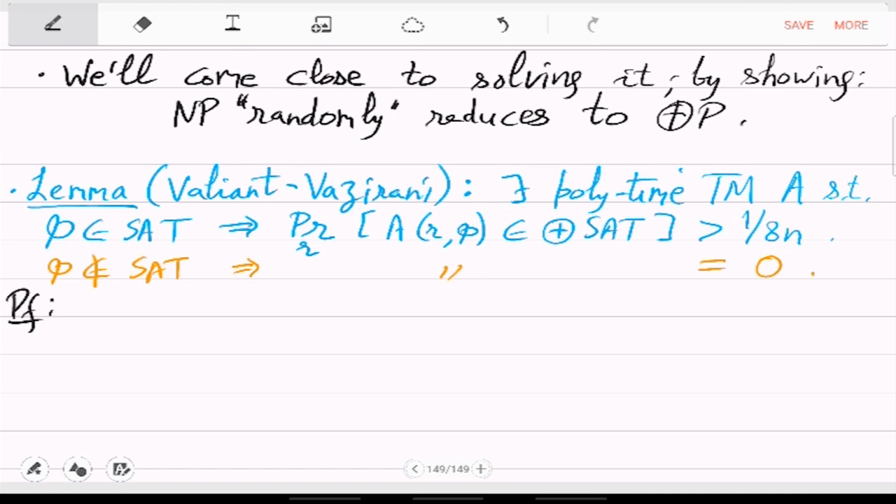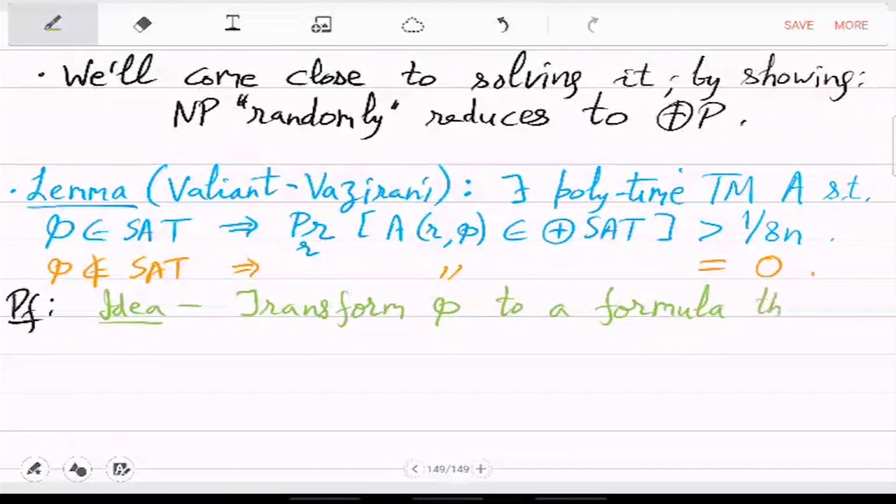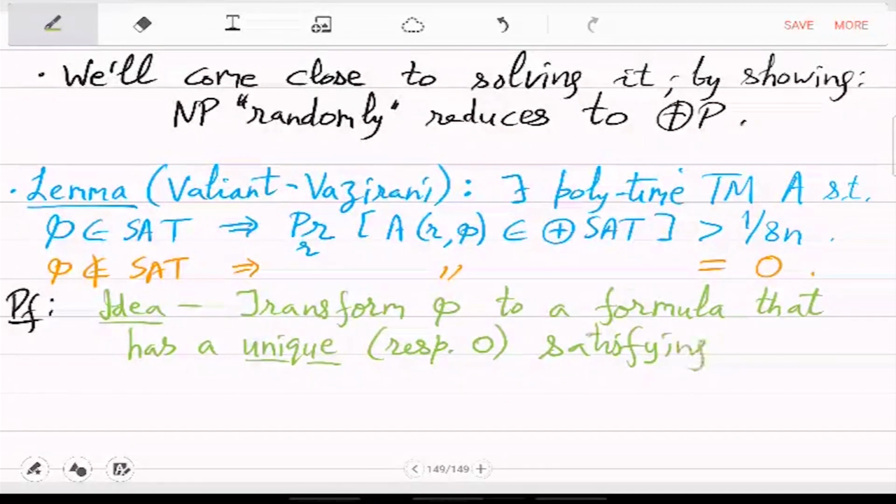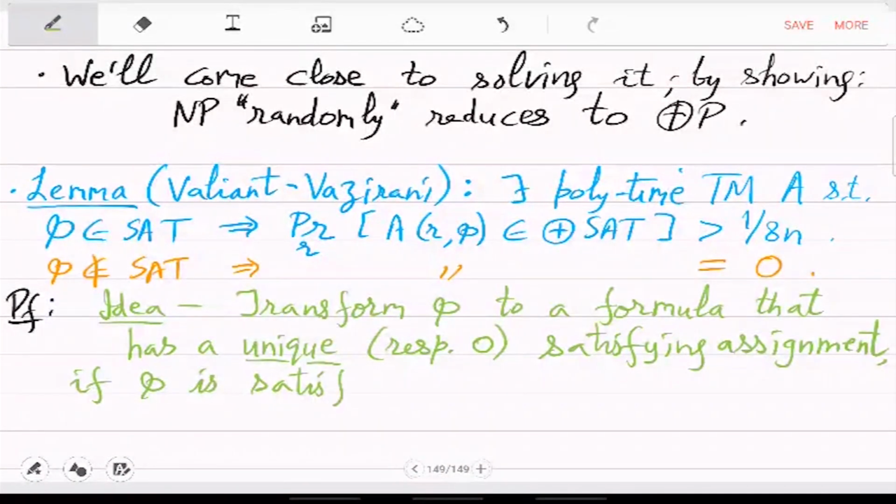So the idea here will be to prove something stronger. So transform phi to a formula that has a unique, respectively 0, satisfying assignment if phi is satisfiable, respectively unsatisfiable.